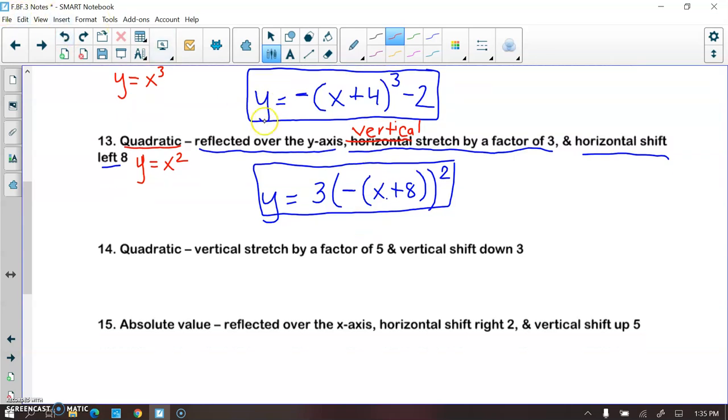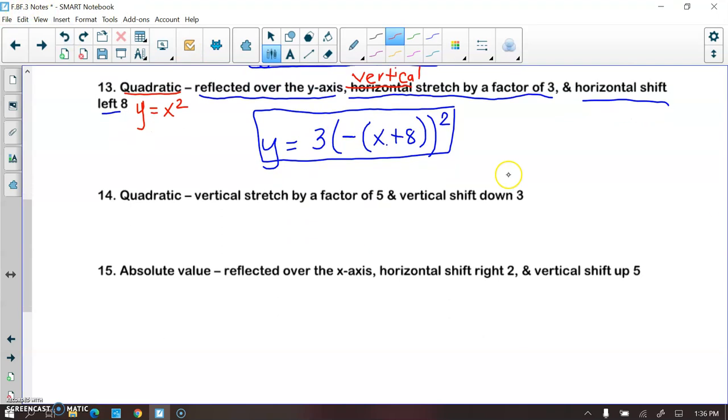All right, so number 14 is also a quadratic, so we're going to do y is equal to x squared again. I have a vertical stretch by a factor of 5, so that 5 is going to be on the outside, and I have a vertical shift down 3 units, which would be on the outside as well. So there's 2 ways you can write this one.